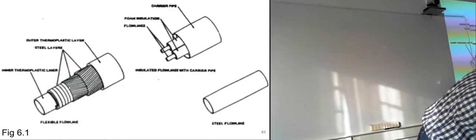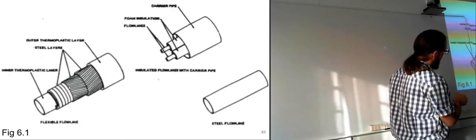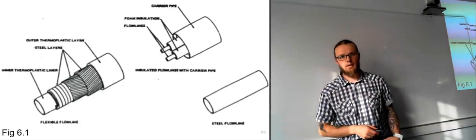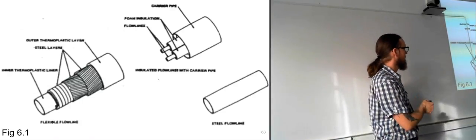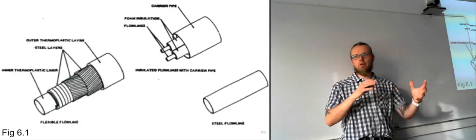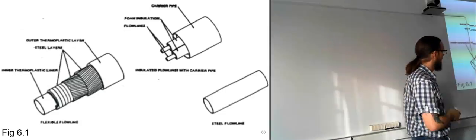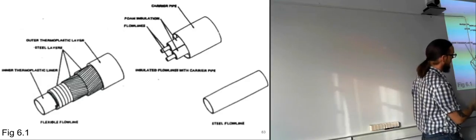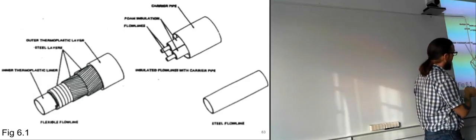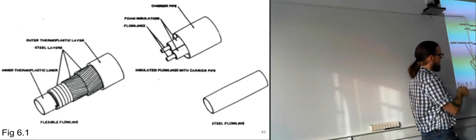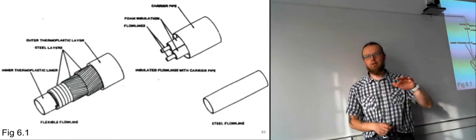And I think the inner tube is usually a thermoplastic, because plastic is a lot more flexible than a pure steel pipe. But here you get the strength of the steel through these meshes of thin fibers.